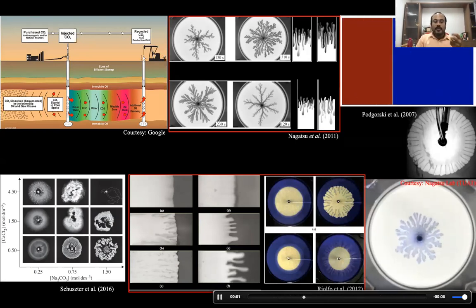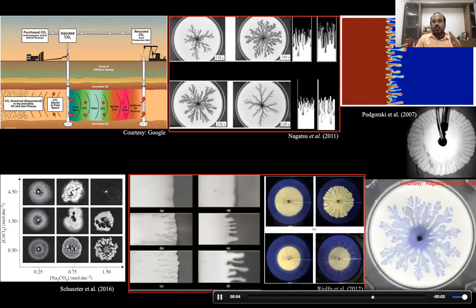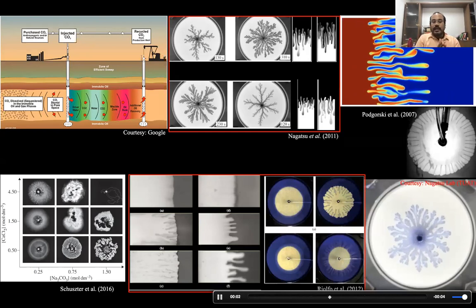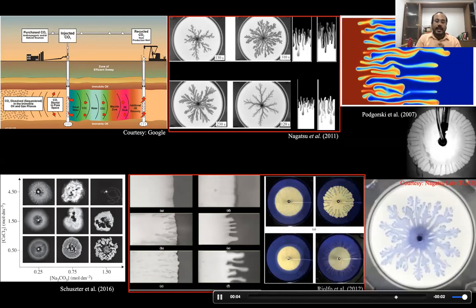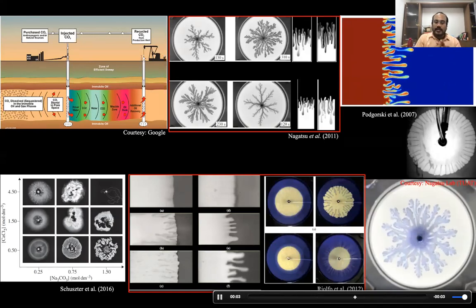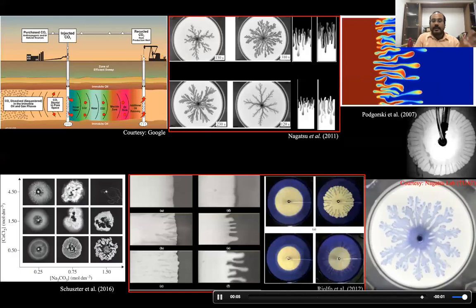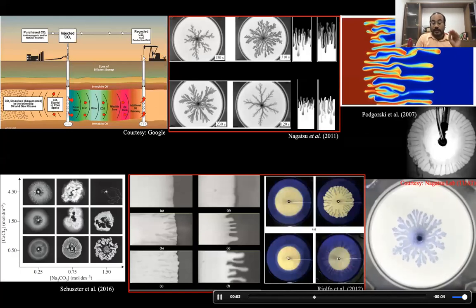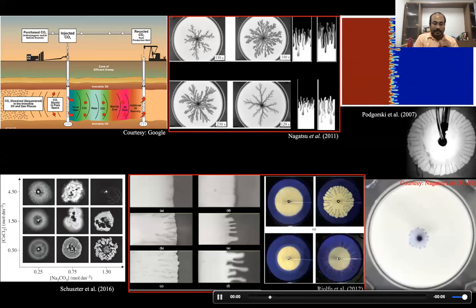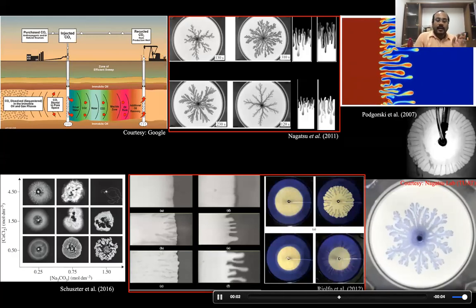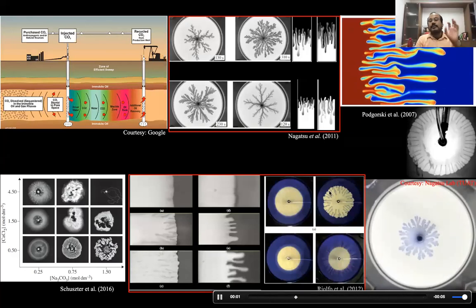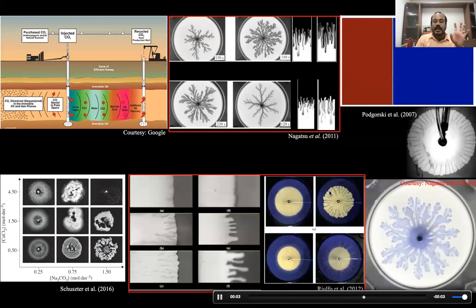Now the question comes, what happens between the oil and the polymer, or oil and CO2? They actually do undergo chemical reactions. So the chemical reaction is also an important aspect, and one needs to understand the fundamentals of what is happening when the chemical reaction occurs, and that drives this kind of pattern formation and instability. So again, these other pictures show several experiments which conducted simple chemical reactions in the laboratory.